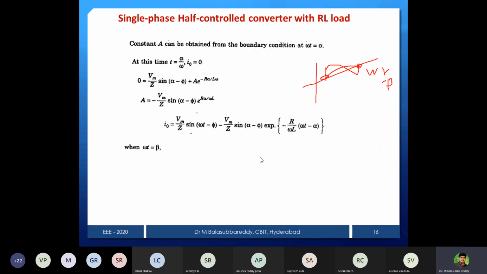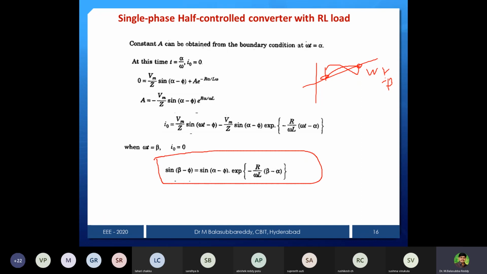Just substitute that also: omega t equal to beta, current i equal to 0. From this you will get the expression for beta, which I call the beta expression. Now use the iterative process to finally find the beta value, because all other values are known. You will get beta.